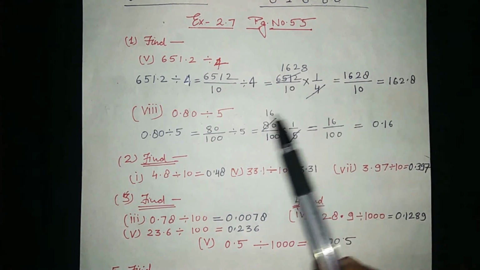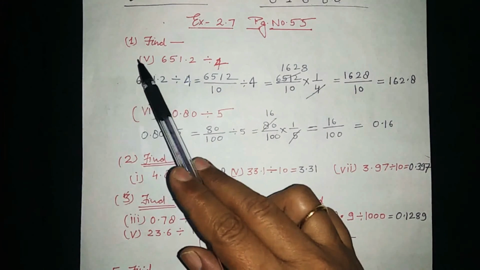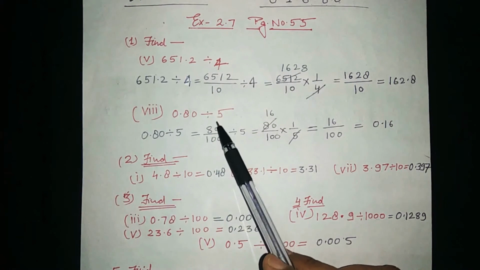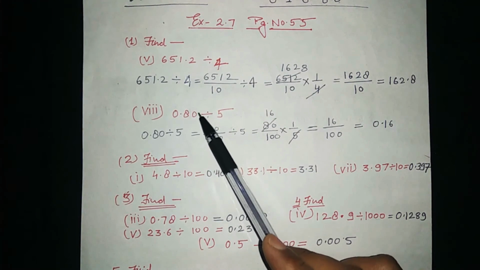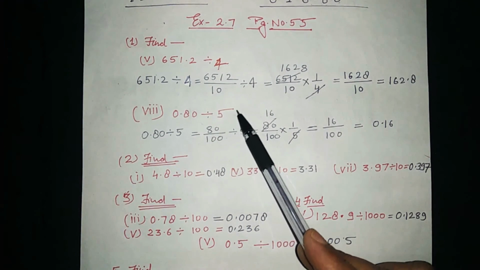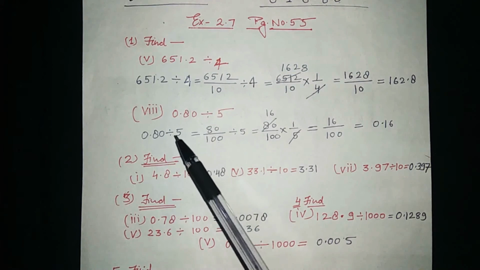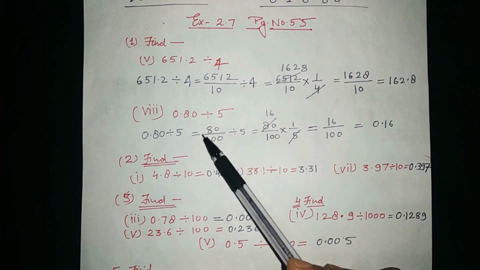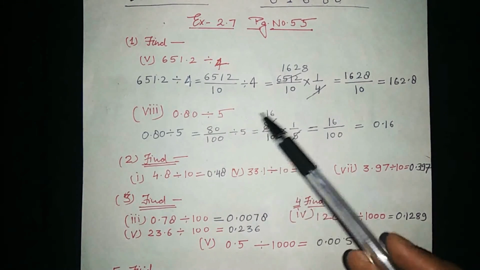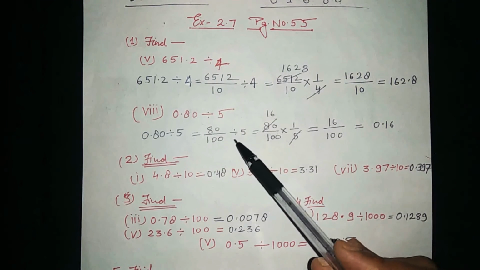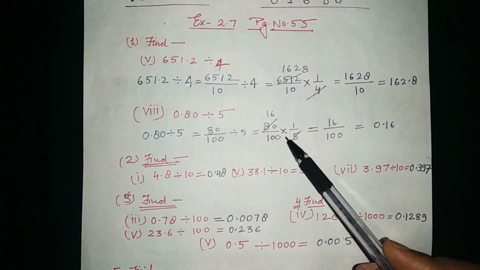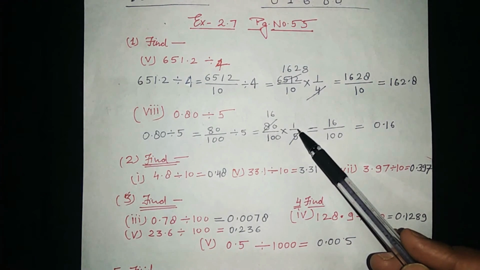Now see the eighth part of question number 1. Here we have to divide 0.80 by 5. Here 0.80 is a decimal number and 5 is a whole number. Now this decimal we will write in the form of a fraction, 80 upon 100 divided by 5, and in the next step, in place of the division sign, we will put the sign of multiplication, and then we will write the reciprocal of 5.